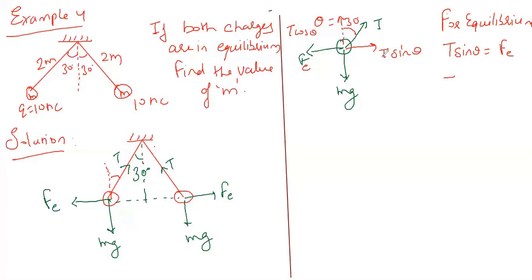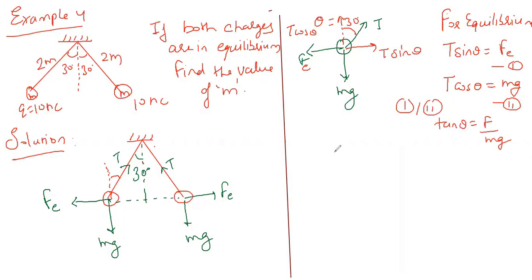Similarly, T cos theta will come out to be mg if we apply the equilibrium condition in the y direction. Let us name these equation 1 and 2. By dividing 1 by 2, I can easily write that tan theta will come out to be F divided by mg.